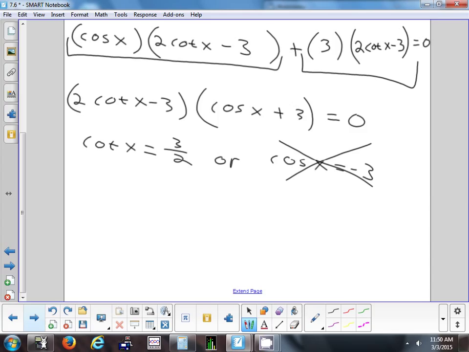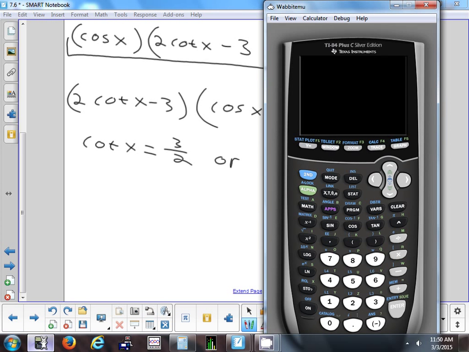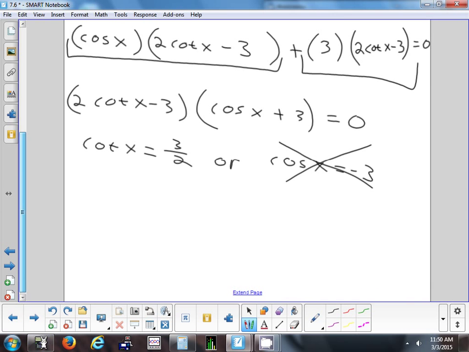Now this one, I'd like to just use inverse cotangent. The problem is I don't have an inverse cotangent button. What trig function could I use that's related to cotangent? There's actually an identity for these. Or when we did unit circle trig, we always paired up cotangent with what other trig function? What's the relationship between tangent and cotangent?